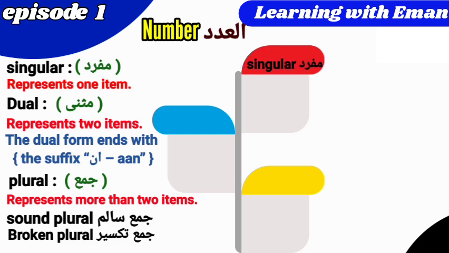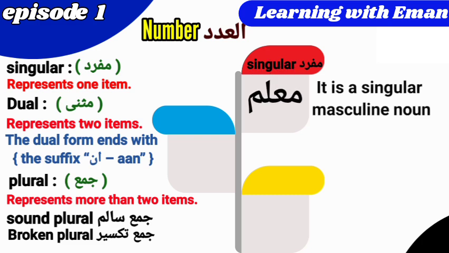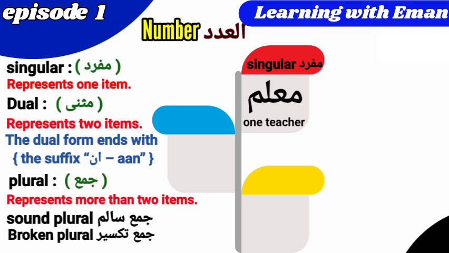Singular Arabic nouns such as معلم is a singular masculine noun and means one teacher. When we add the suffix aleph noon to the singular noun, it becomes معلمان, a dual noun, which means two teachers.